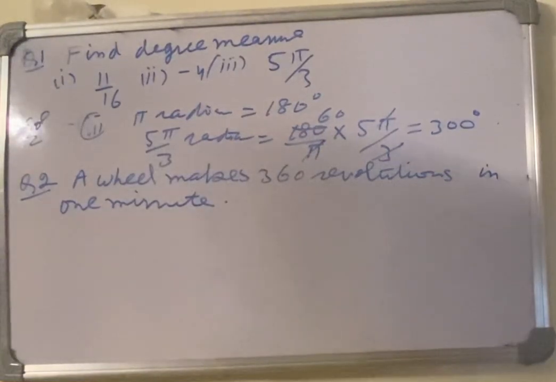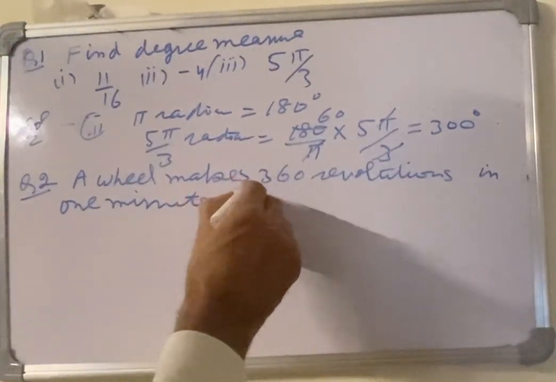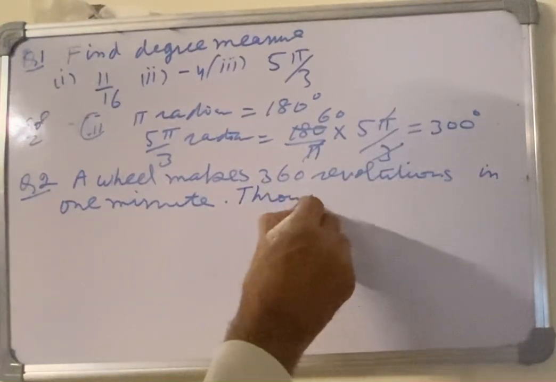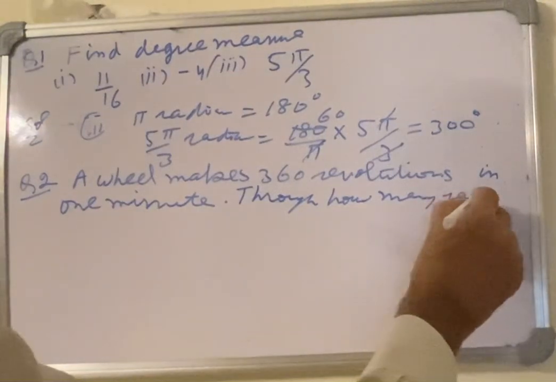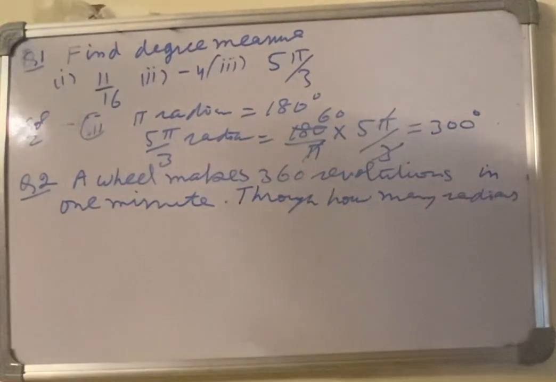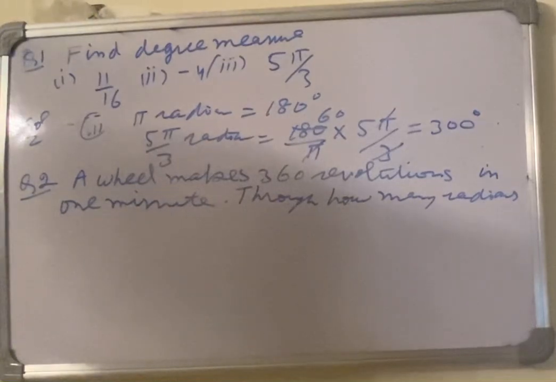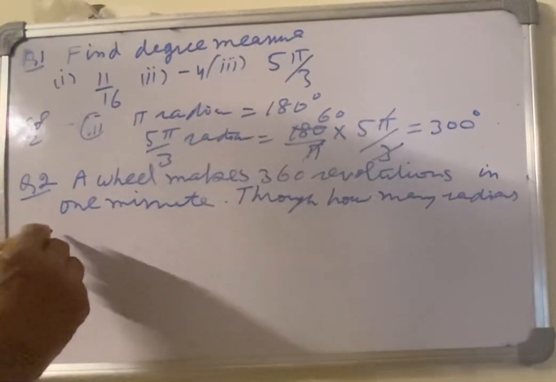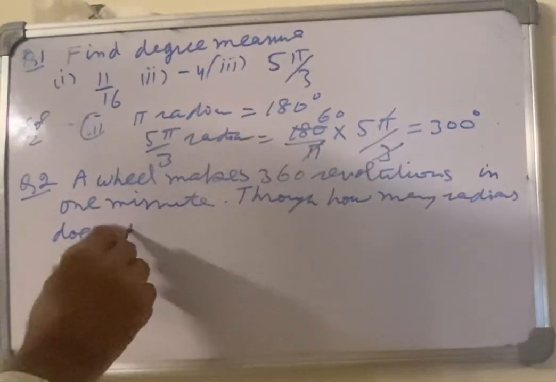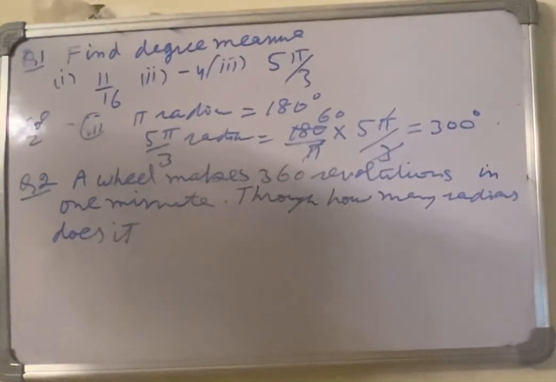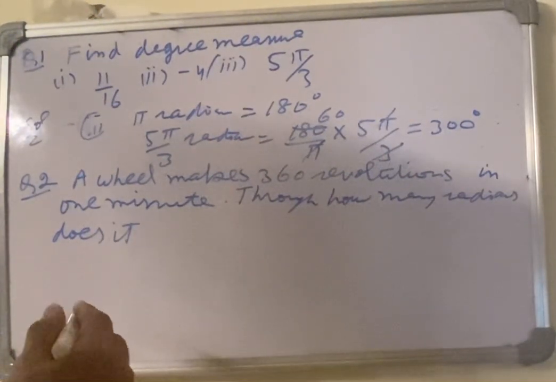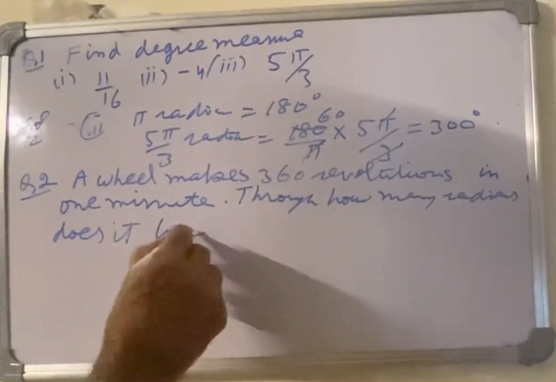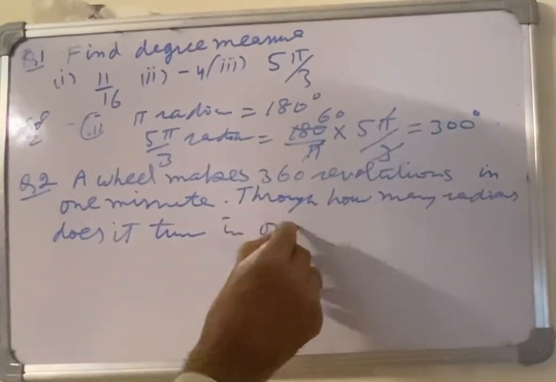Through how many radians does it turn in 1 second?